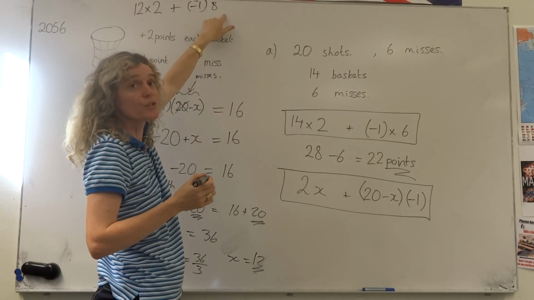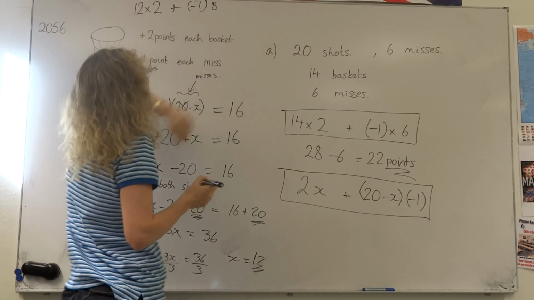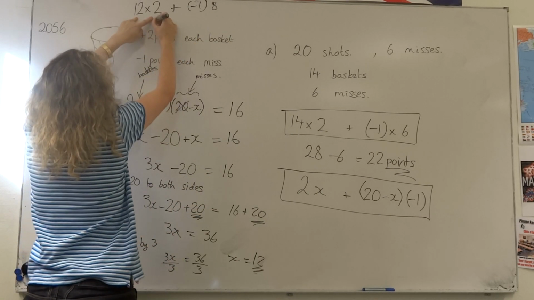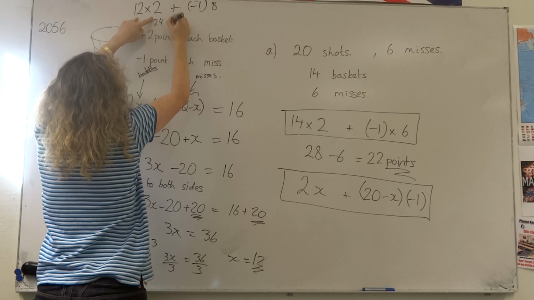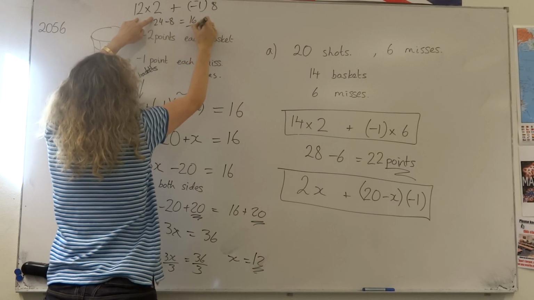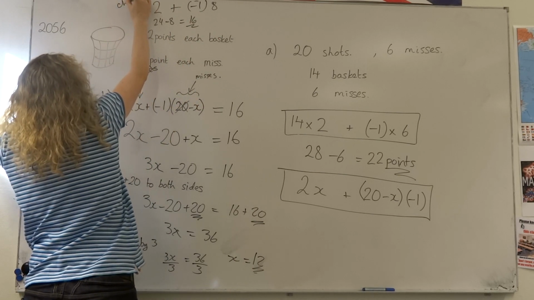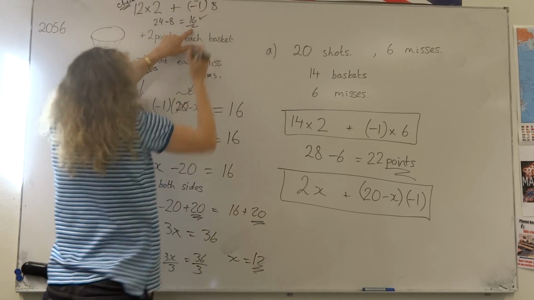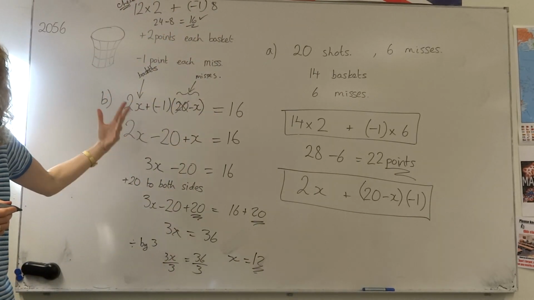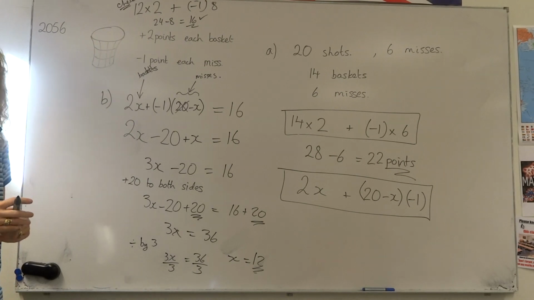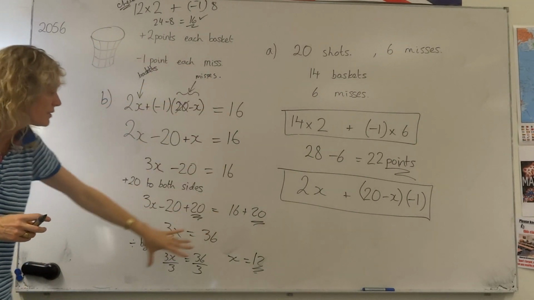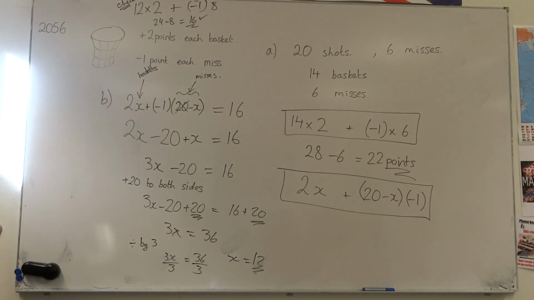There is my 20 minus 12 already there. 12 times 2 is 24, minus 8 is 16. So here is my check. I would have got 16 points if I'd got 12 baskets and I'd lost 8, and that's how many I got. If you can solve this with algebra, you're talking A-level points.